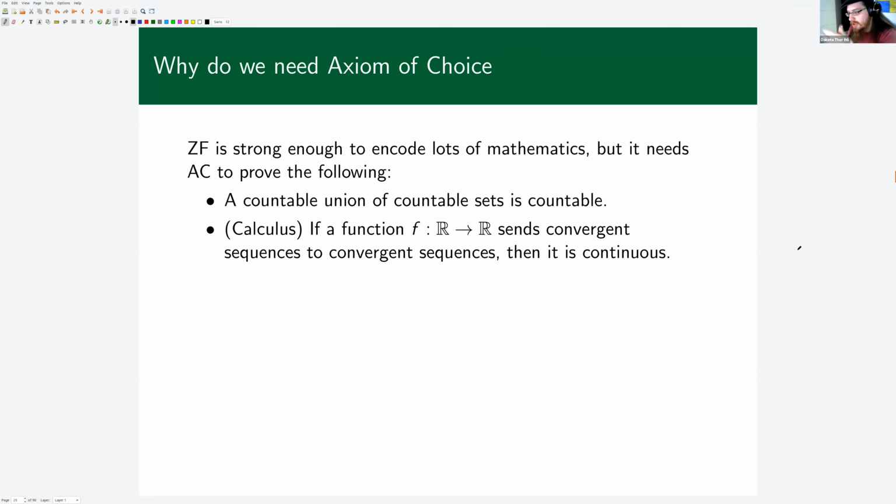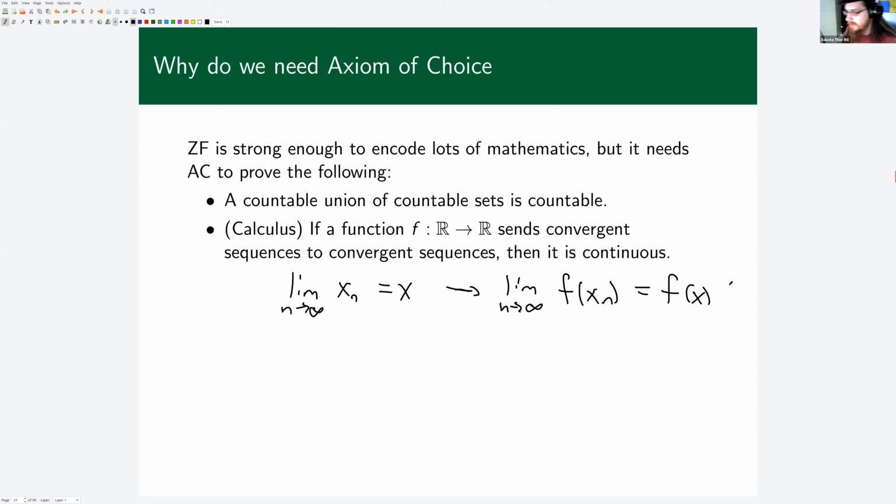A nice statement from calculus. If you have a function from the reals to the reals that sends convergent sequences to convergent sequences, what I mean by that is if x_n is a sequence of numbers that converges to x, then when you plug those numbers into f, it agrees with the limit operator here.